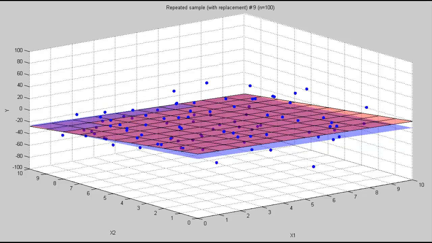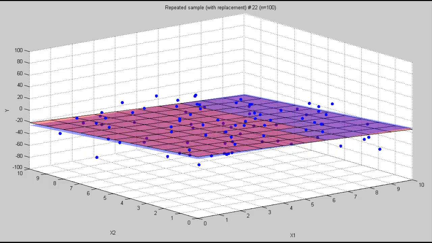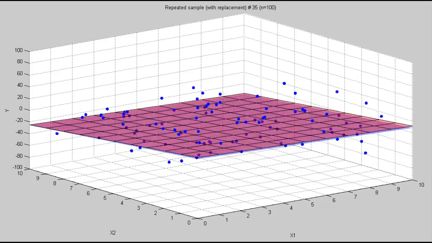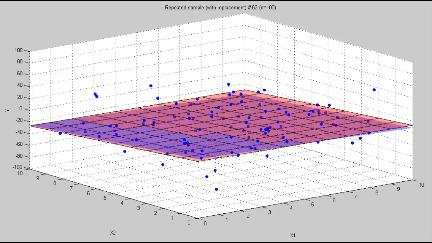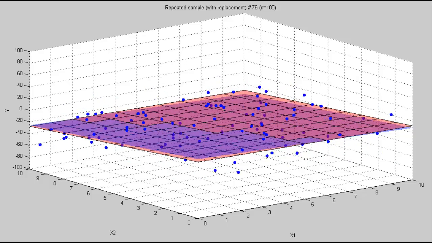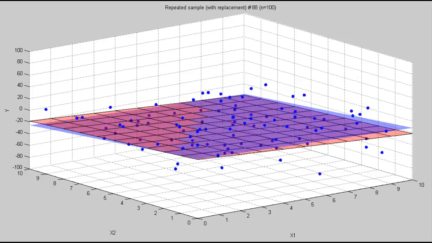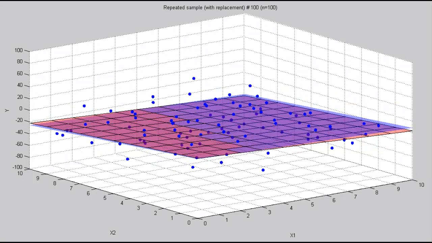So as we increase the sample size, we are increasing the precision of our estimates. That means that from sample to sample, we are getting less wobble relative to what we are estimating underneath. So let's keep increasing the sample size and see what happens.